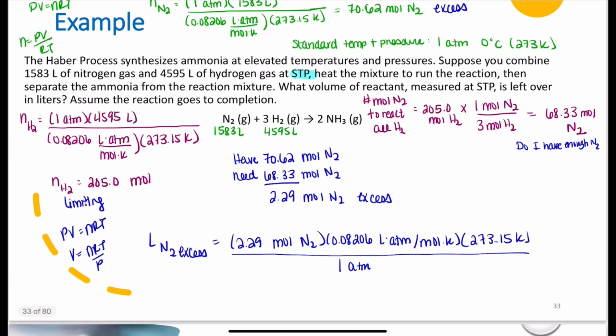So 2.29 times 0.08206 times 273.15 divided by 1 gives me 51.3 liters of N2 remaining.